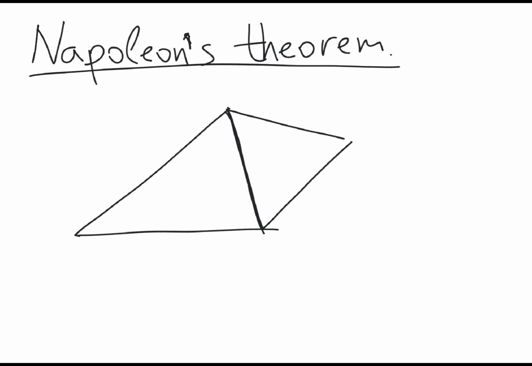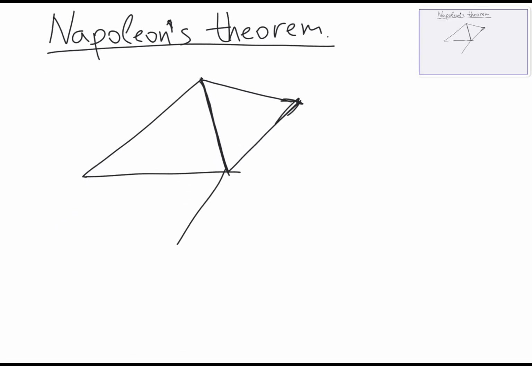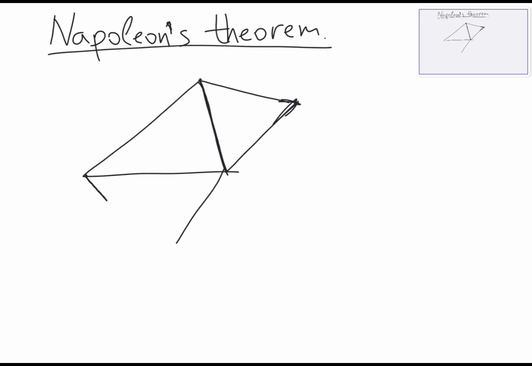So for the first Fermat-Torricelli point, we considered the equilateral triangles to the outside. So like this. And here is like this.